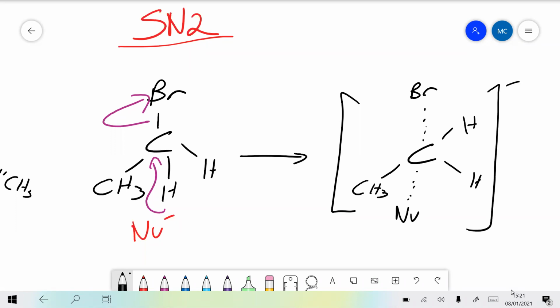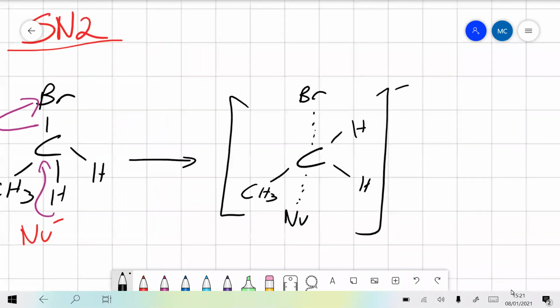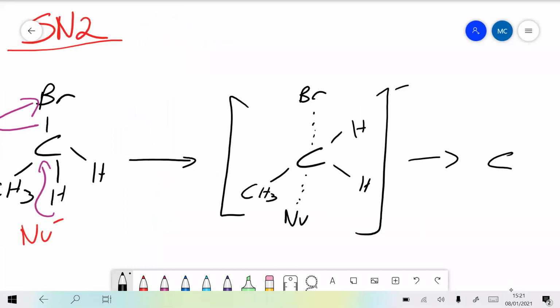And the charge here will be negative, to then give the final product where the nucleophile will add at the end.